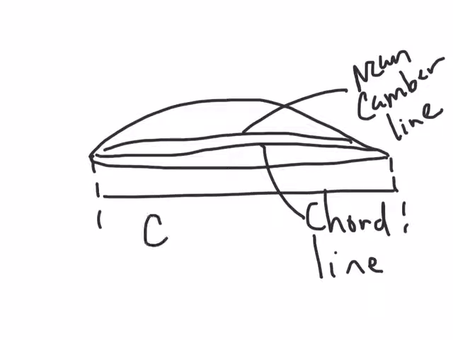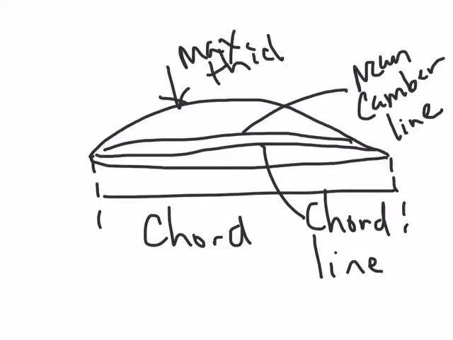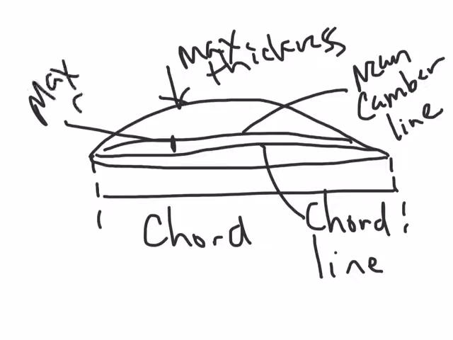This distance here is your chord. Wherever the maximum thickness is of this is going to be your max thickness. It's pretty self-explanatory. And the difference or measurement between the mean camber line and the chord line is your max camber.